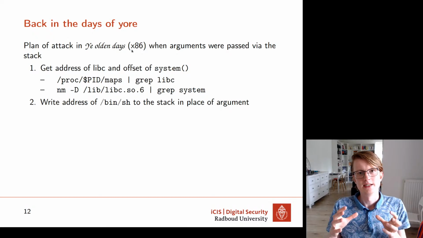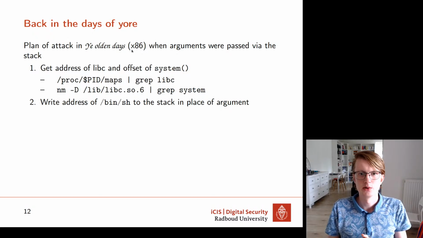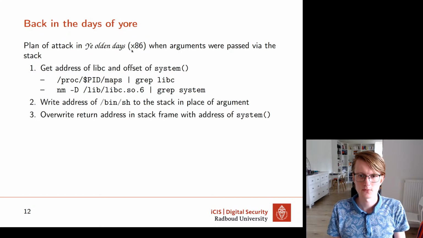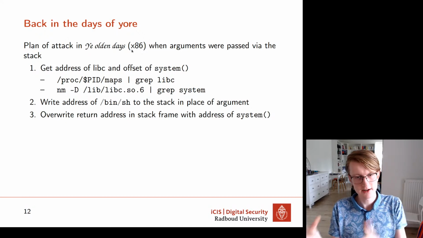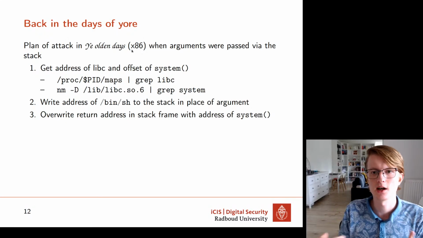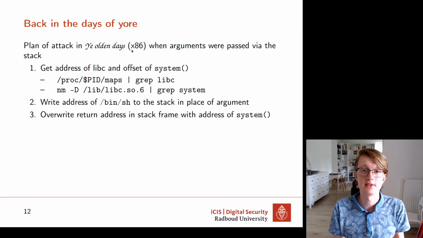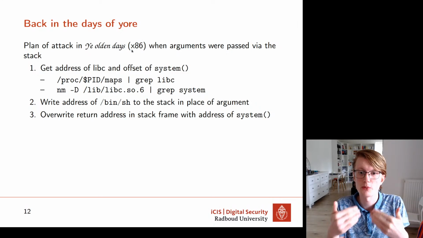Then you would write the address where you put /bin/sh on the stack in place of the argument. You would put that address on the stack because the arguments were pushed on the stack, and then the program that would be called would just pop them off.